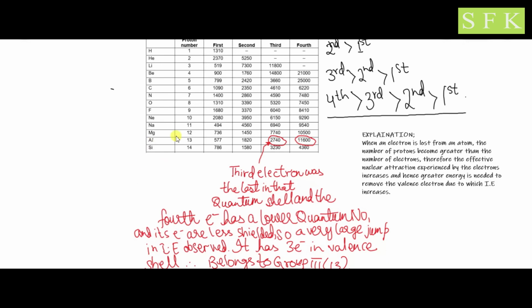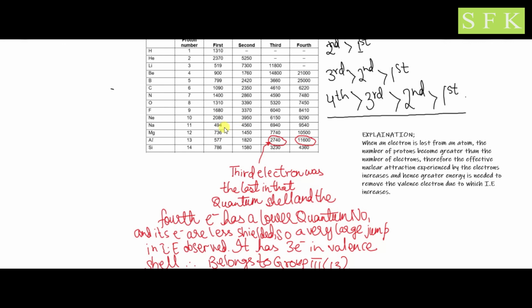So this is how successive ionization energy data can be used to find the group number of an element. Let's take another example of sodium. The first ionization energy is 494, and then immediately it jumps to 4560, and then it remains in thousands. But there is no such big jump observed over there.